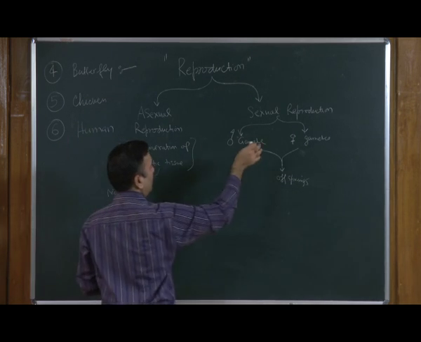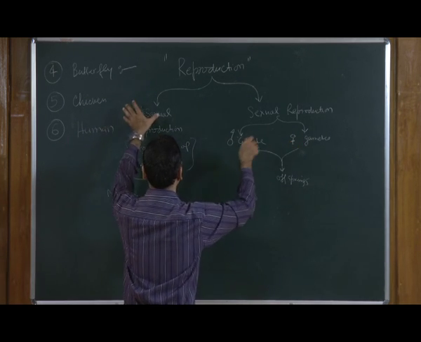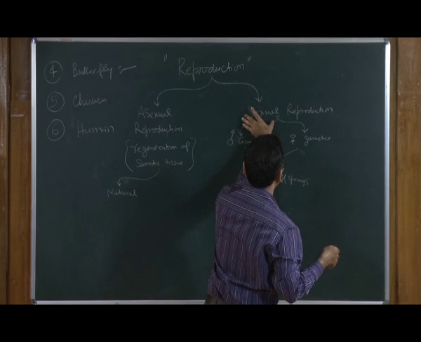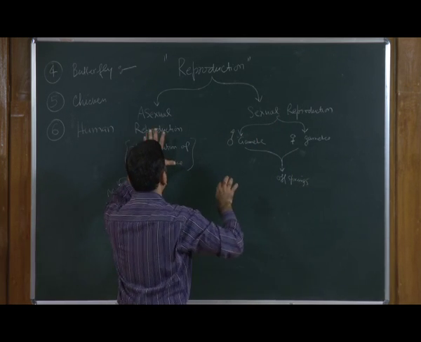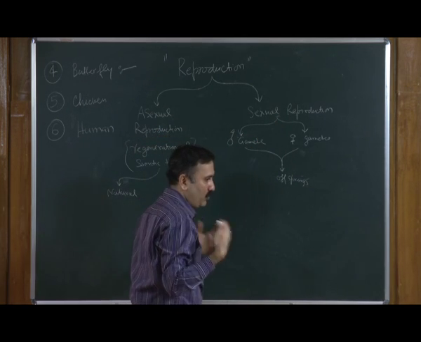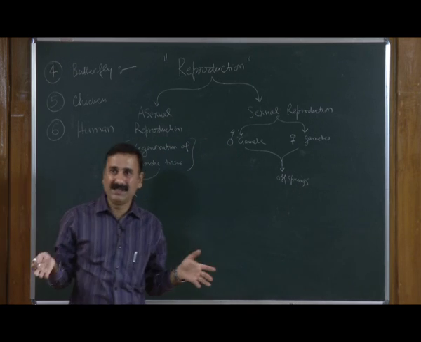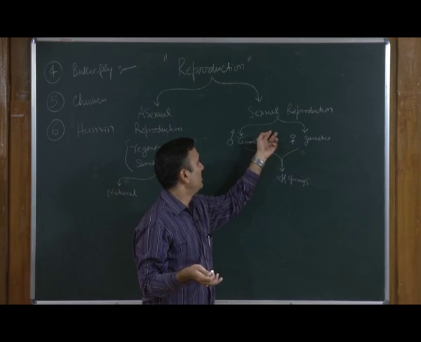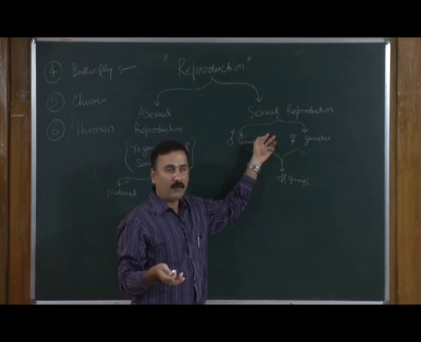So, both of these are the two modes of reproduction. One is asexual reproduction, the other one is sexual reproduction. The difference is that this one is the reproduction without involving gametes, whereas in this case two different types of gametes are involved.